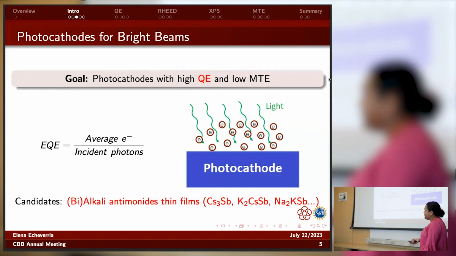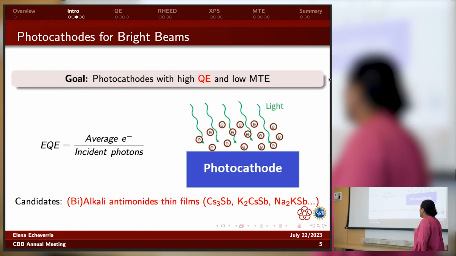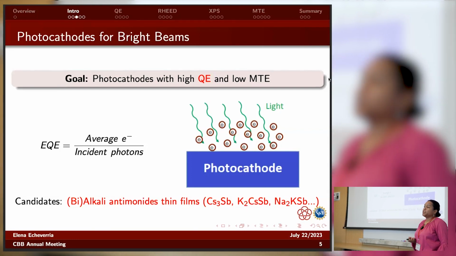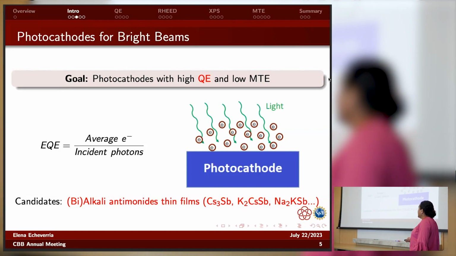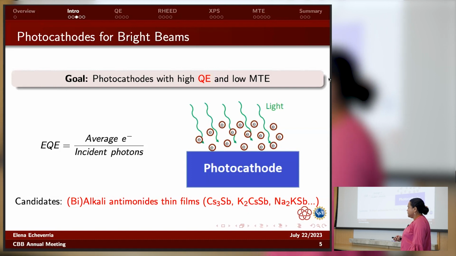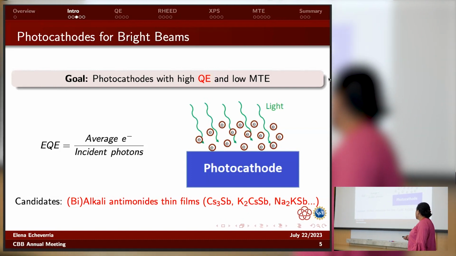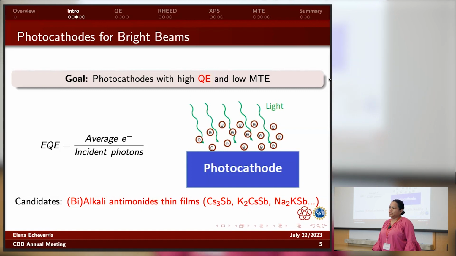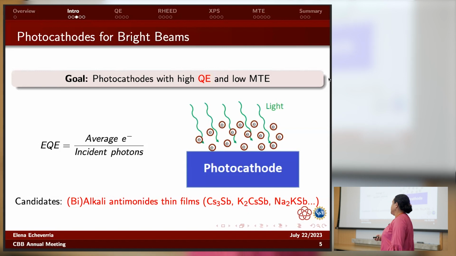How can we achieve this goal? Well, there are different candidates. The most known, and the ones that have shown the highest quantum efficiency, are alkali or bi-alkali antimonide thin films. Among them, we have cesium-3 antimony, potassium-cesium antimony, sodium-potassium antimony, and so on. Those are popular because they have shown really high quantum efficiency.